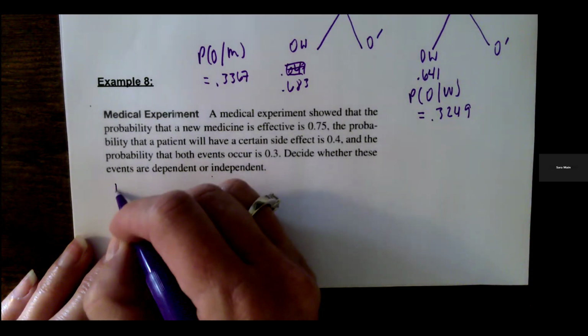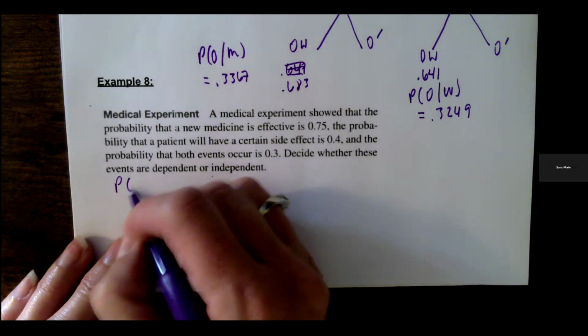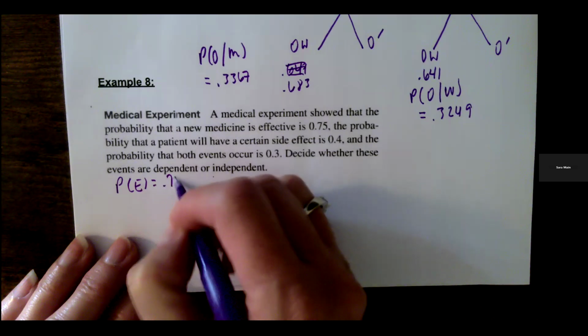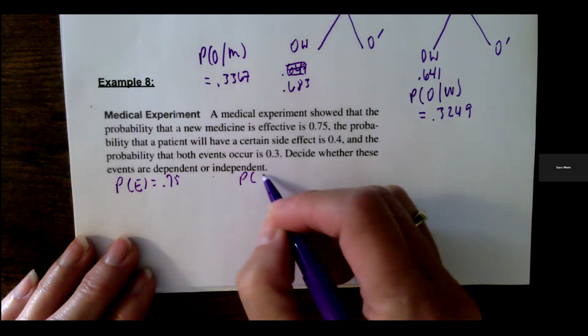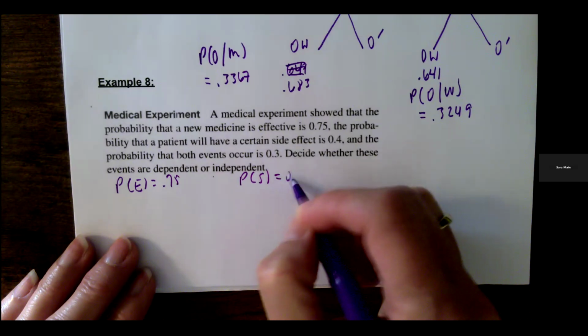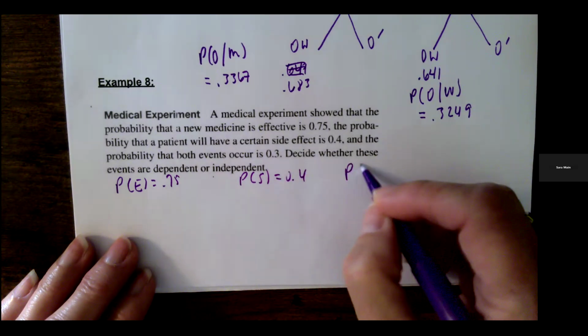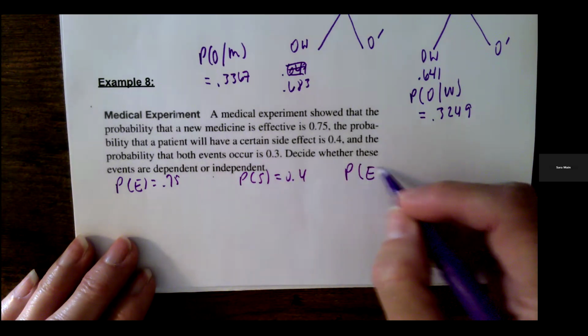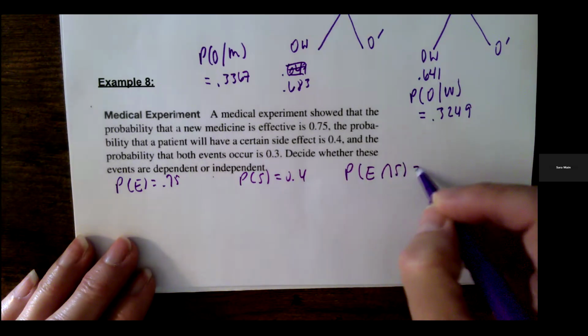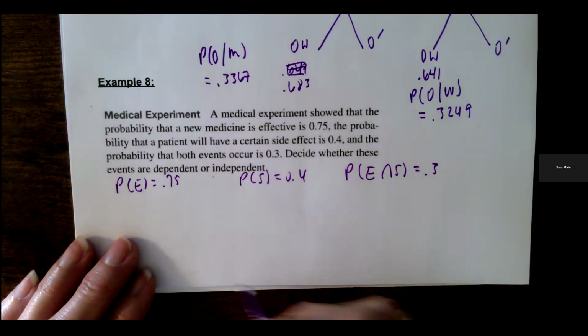So we know that the probability of effective is 0.75. The probability of a side effect is 0.4. And the probability that they both occur, that is E intersecting the side effect, is 0.3.